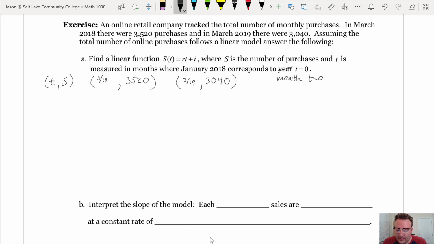Okay, now what I need to do is figure out, I can't use dates for a function. I need to use a number, and what we're doing is we're measuring time in months, where January 2018 corresponds to the year t equals 0. So a little thing to watch out for here is we're starting counting with 0 instead of the normal 1.